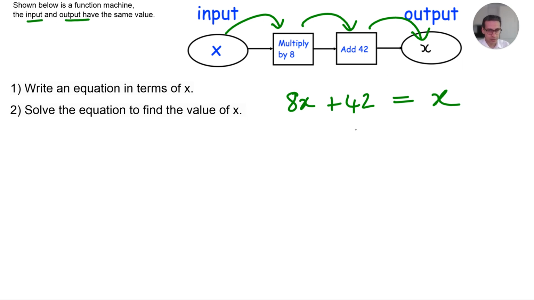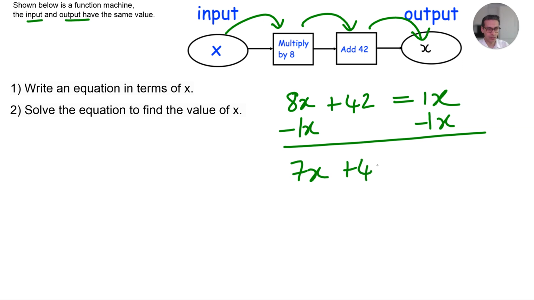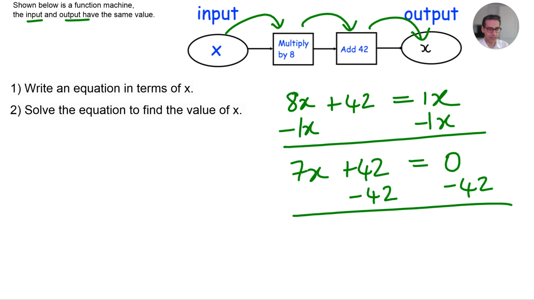So in this case, to solve this, we want to add or subtract the least unknown. Now in this case, 1x is less than 8x. So we're going to take away 1x from both sides. So this becomes 7x plus 42 equals 0. Now I'm going to need to take away 42 from both sides because I want to isolate x.